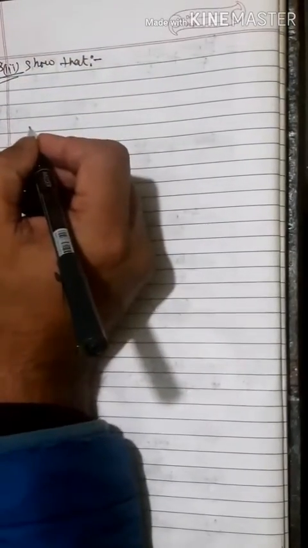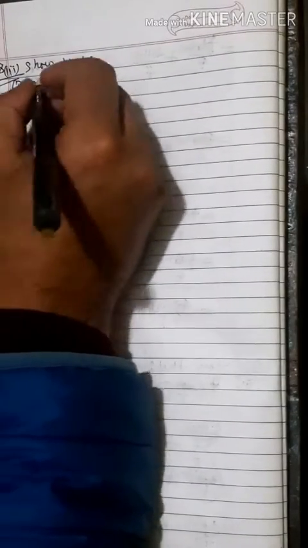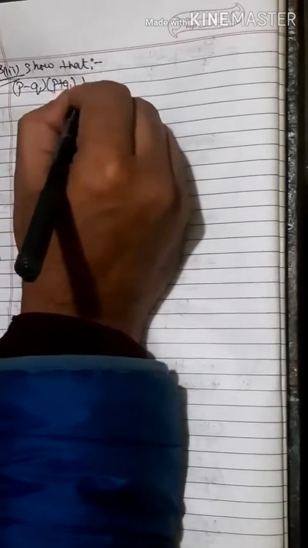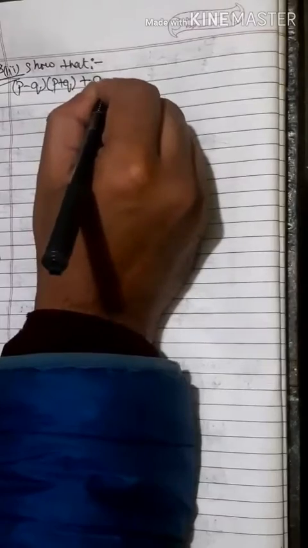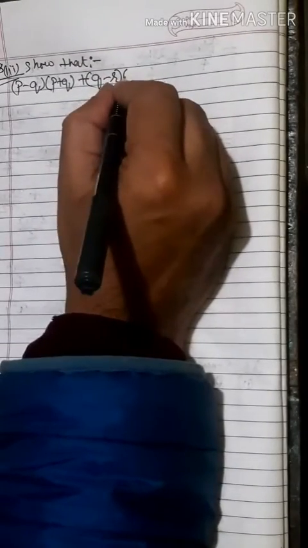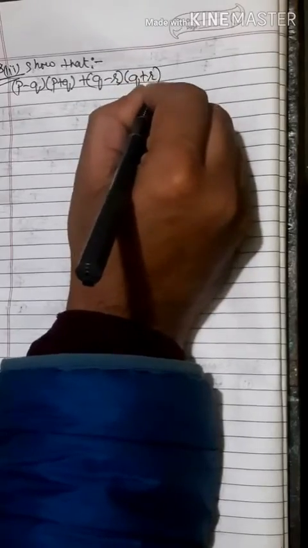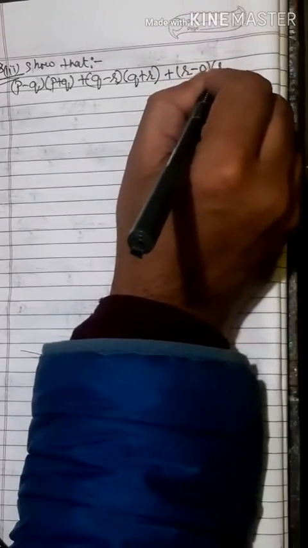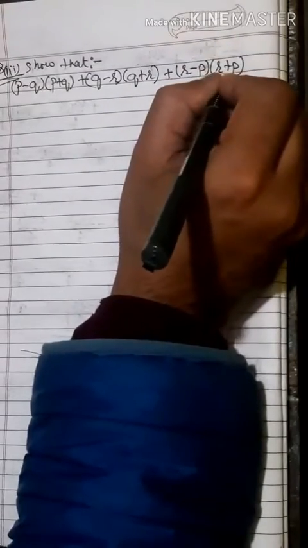And what is the question? The question is p minus q multiplied by p plus q, plus q minus r multiplied by q plus r, plus r minus p multiplied by r plus p is equal to 0.